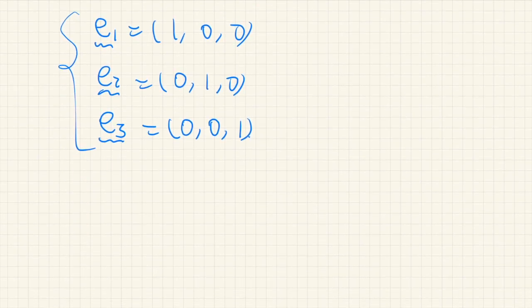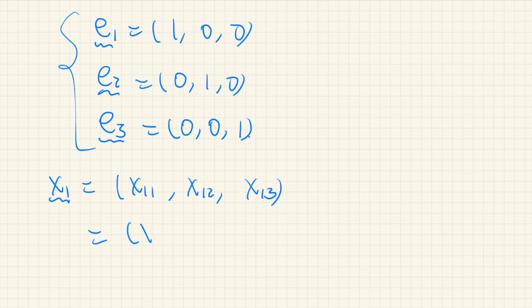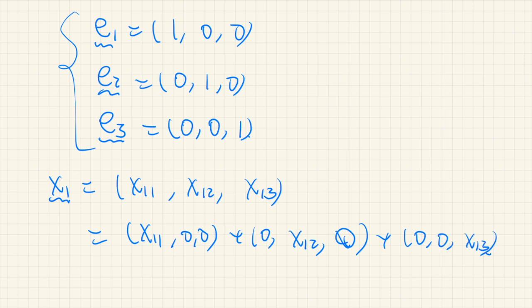For example, x1 is (x11, x12, x13). This can be split into the sum of three vectors: (x11, 0, 0), (0, x12, 0), and (0, 0, x13).